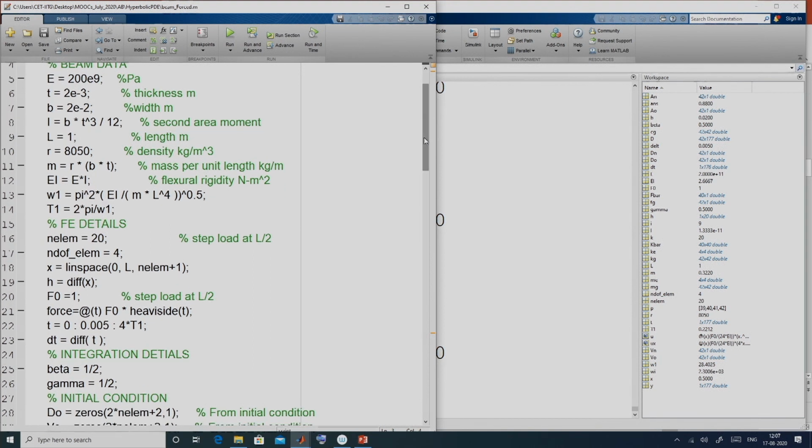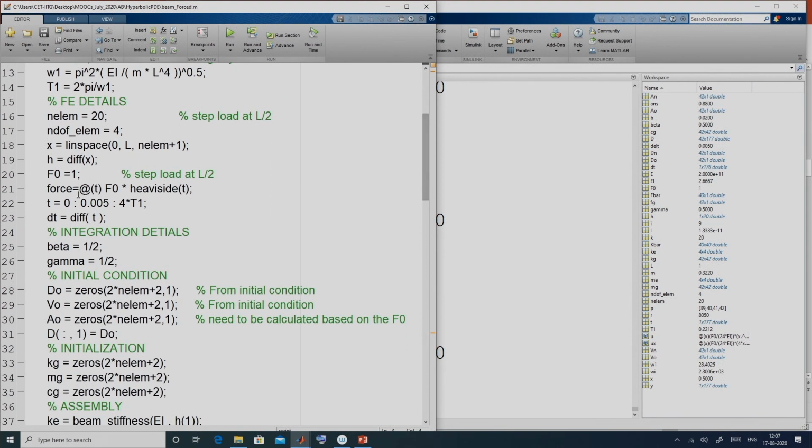So all the parts remain the same, only here we have defined an external force at time instant t. As you see, this F naught is the magnitude of the force, and this Heaviside function represents the step function. So this tells that at time instant t greater than 0, this function becomes 1. Before that the response is 0.